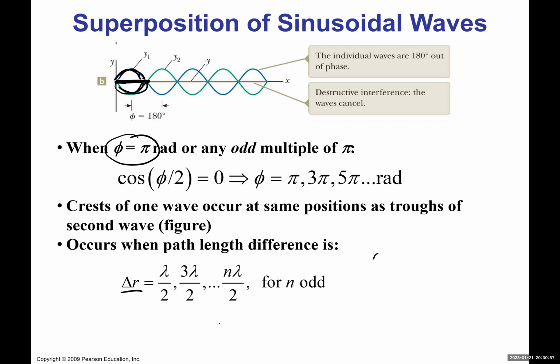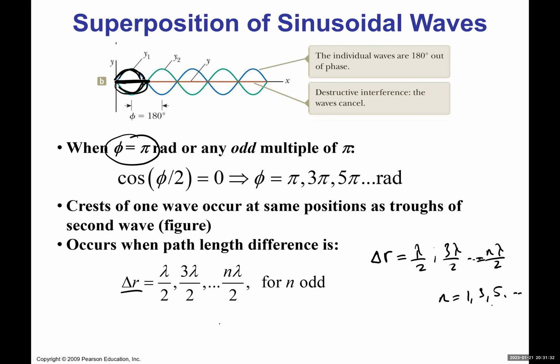So you calculate delta R, and if the waves are out of phase, it's not going to be n times lambda. It will be in terms of lambda over 2, or 3 lambda over 2, and so forth, or basically n times lambda over 2, where n here is going to be an odd number: 1, 3, 5.